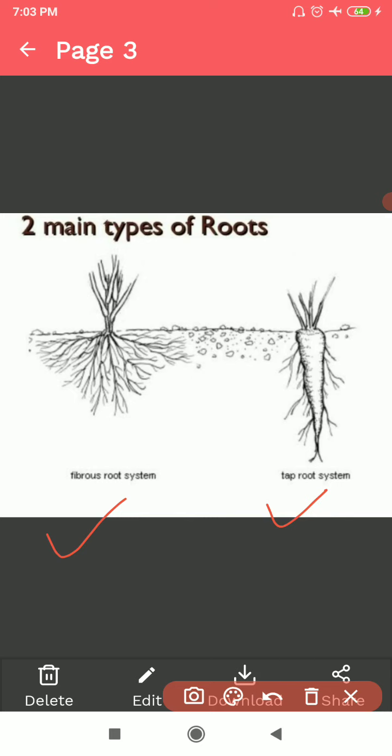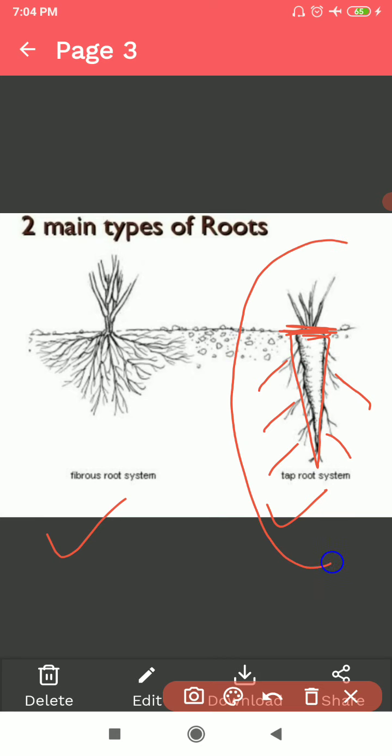The long main root that grows from the end of a stem extends downwards with many small roots is called the taproot. Examples are neem tree and mango tree. In fact, most of the trees have taproot system.